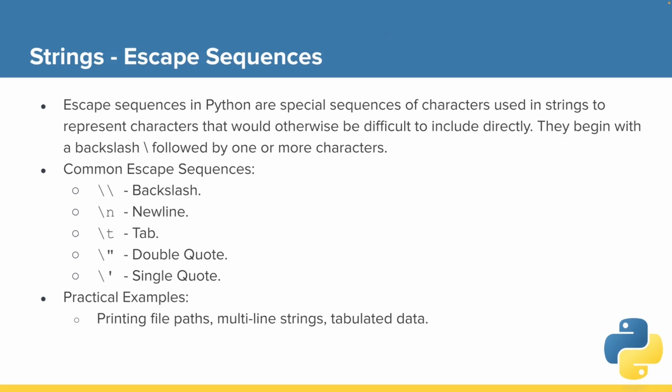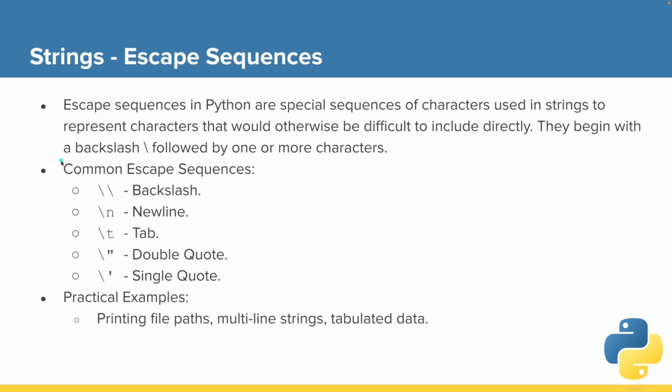Another thing that is essential to know about in Python and most programming languages is this concept called escape sequences or escape characters. These are a way that Python understands how to interpret certain characters that do certain things, or characters or sequences that have special meaning.